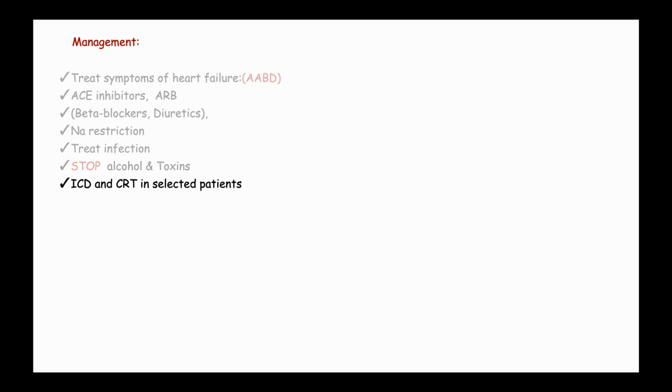Now, these patients may also benefit from the implantable cardioverter defibrillator, the ICD, as well as cardiac resynchronization therapy. It is only suitable for some selected patients, and eventually most patients may have to go for heart transplant.